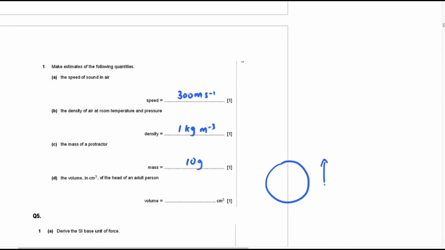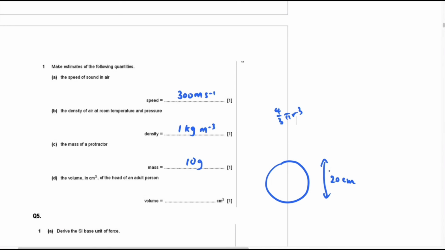So the volume is about 4 over 3 pi r cube, the volume of a sphere, where the r is about 10.